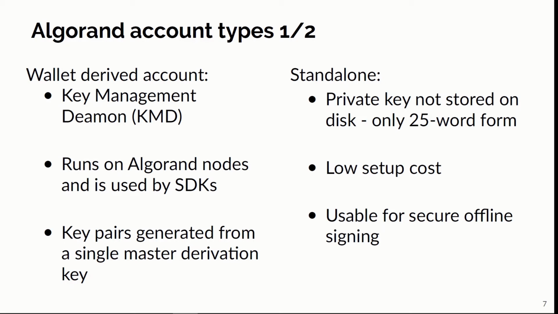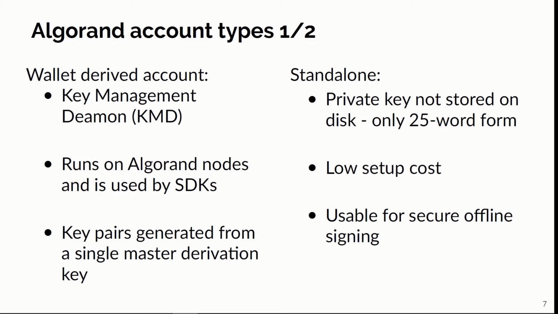This of course also has an impact on the required performance, and in case we have a constrained device, it's recommended to use the standalone account, which you just generate once, whereas the key management daemon has to run for wallet-derived accounts. This goes to the question of which application we use these different types of accounts for.